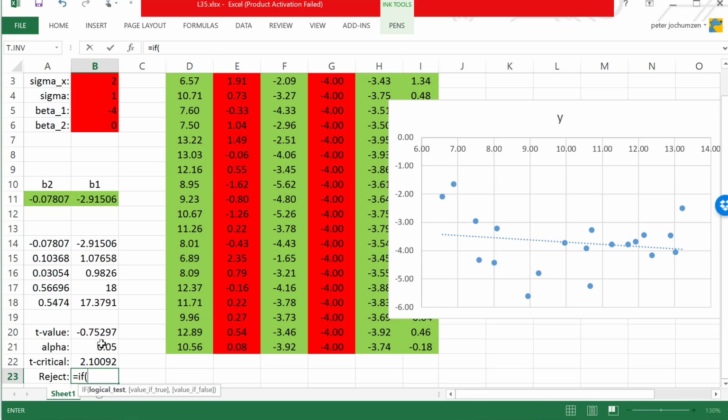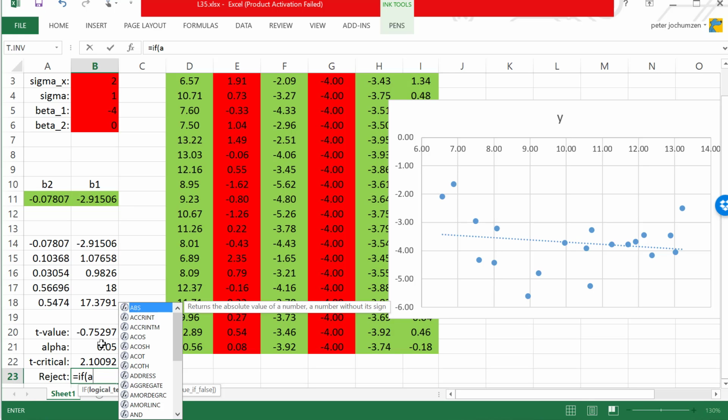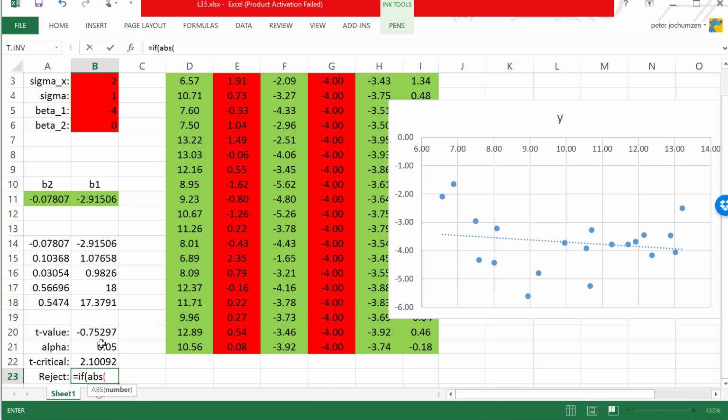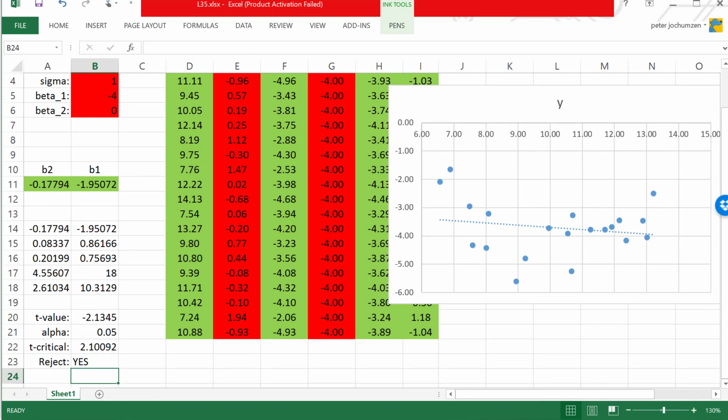We should reject if the absolute t-value is greater than the critical value, so we use ABS, which just takes away the negative sign, t-value greater than the critical value. If this is true, put value if true: yes, reject the null. And the value if false, no, don't reject it.